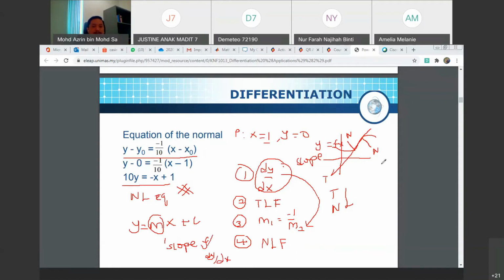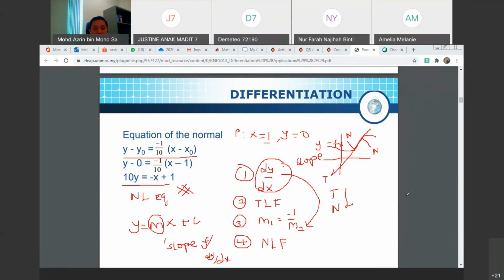So that is some example where we can use differentiation in solving the curve in a certain equation that is given to you.